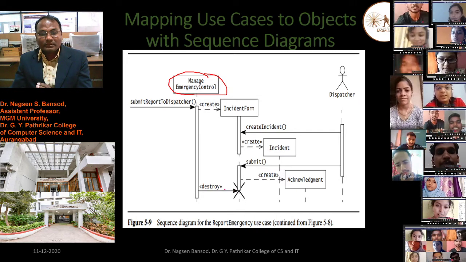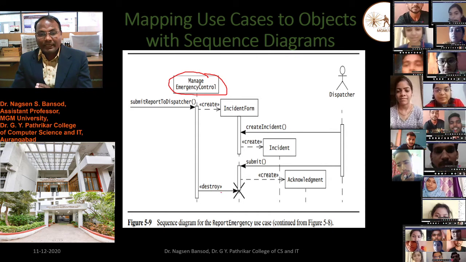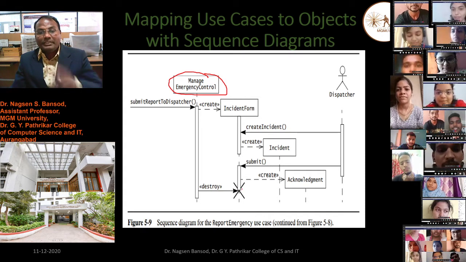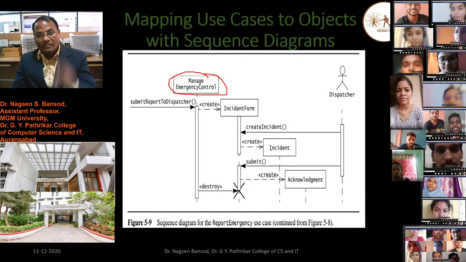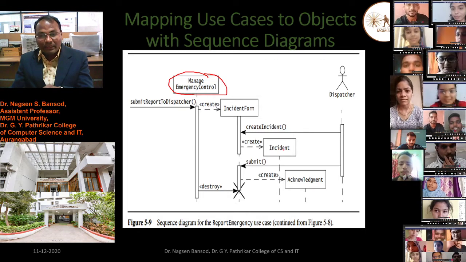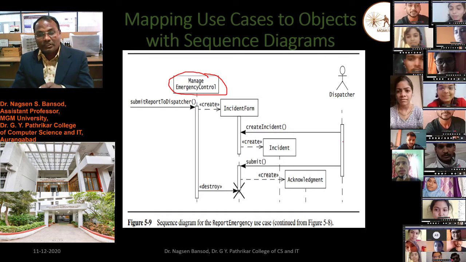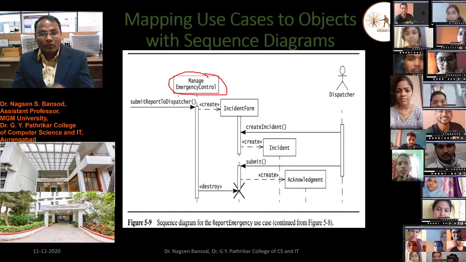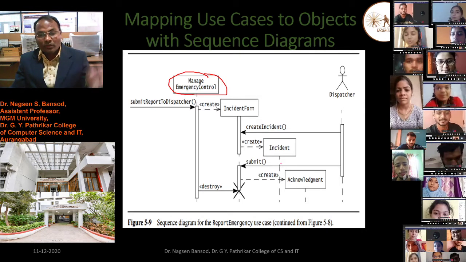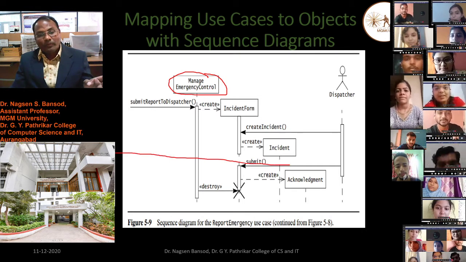Otherwise the connection will be disconnected and the message will be destroyed. Else the message will be created, the incident will be created, and it will be submitted to the dispatcher, as well as an acknowledgement will be submitted to the field officer.